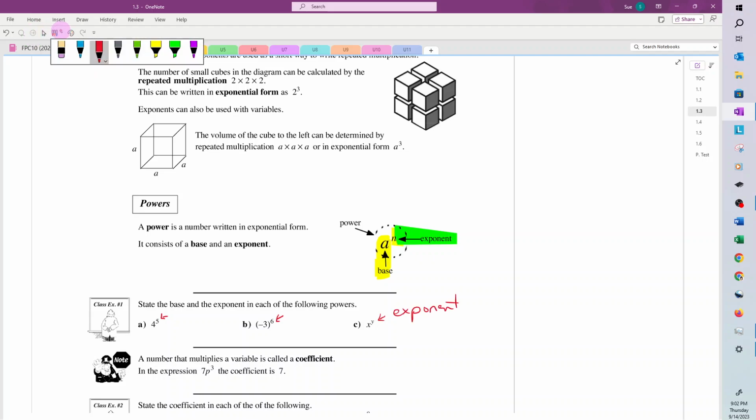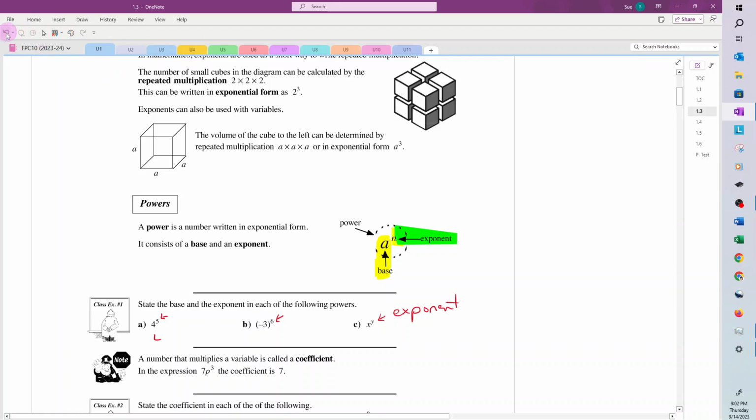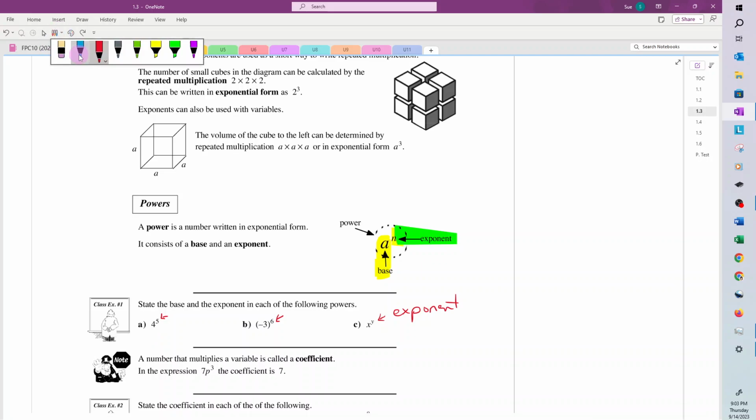And then the base is 4. The base for this one is -3, and that's really important because in this one we're actually multiplying -3 times -3 times -3, 6 times. And here the base is x.